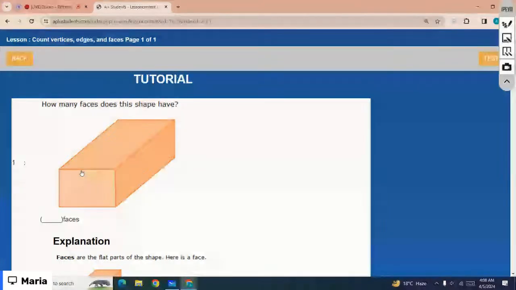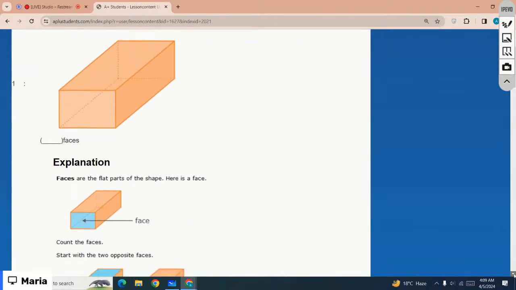How many faces does this shape have? Which is the correct option? The shape looks like a shoebox. Faces are the flat parts of the shape. So the shape has a total of 6 faces.